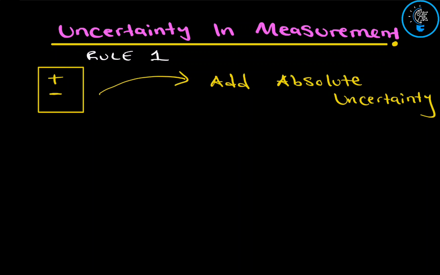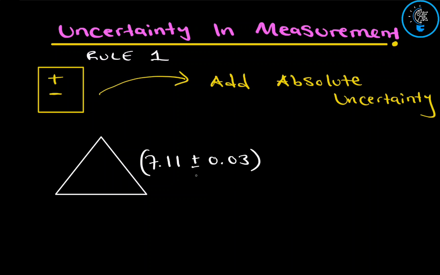Okay, to best understand this one, let's take this example. Let's say we are given a shape, a triangle by the way. Let's say this side is 7.11 plus or minus 0.03 centimeters. Then this side, let's give it 3.70 plus or minus 0.05 centimeters.